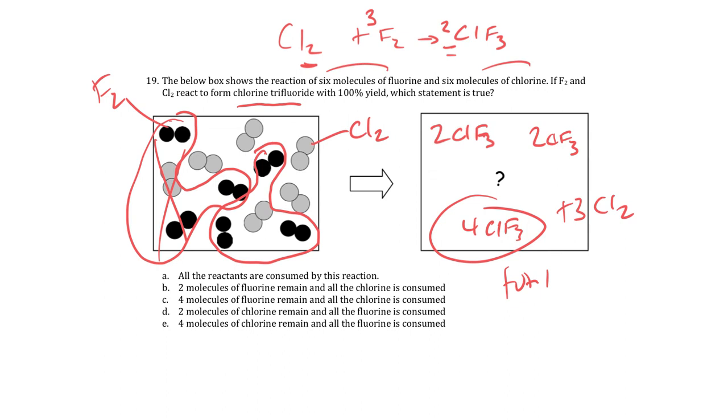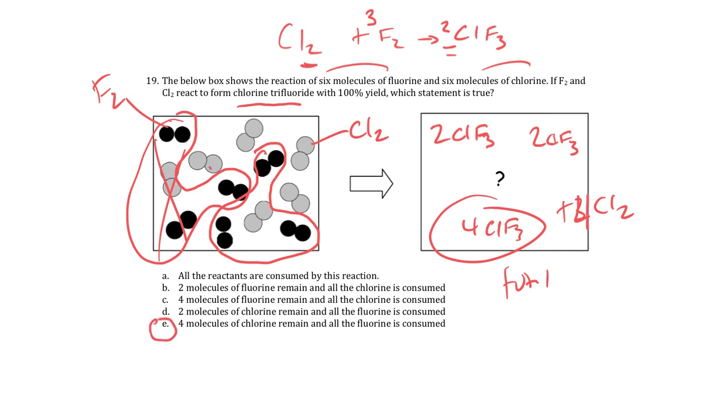So the question, what's it asking? Which statement is true? 2 molecules of fluorine remain, all the fluorine is consumed. Incorrect. 4 molecules of fluorine remain, all the fluorine is consumed. That doesn't sound right. 2 molecules of chlorine remain. Oh, no, actually, that's 4 molecules of chlorine remain.